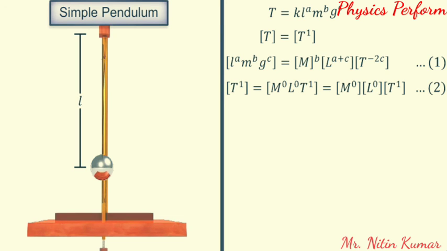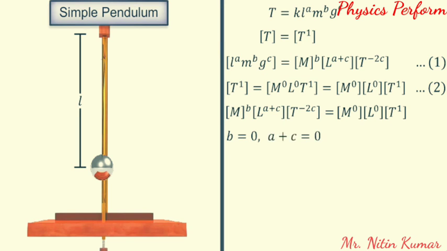We compare the powers of the base quantities on both sides of the equation. Thus, we get b equal to 0, a plus c equal to 0, and minus 2c equal to 1. On simplification, we get the values of b equal to 0, c equal to minus half, and a equal to plus half.